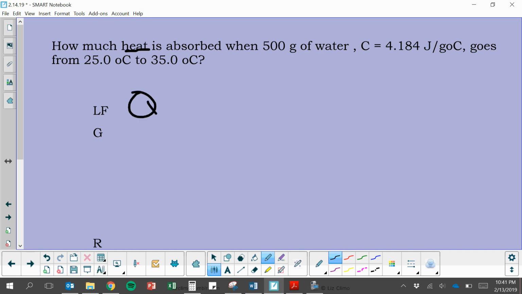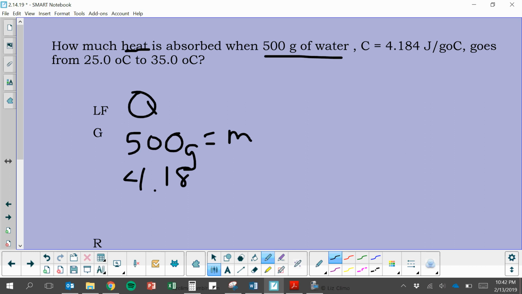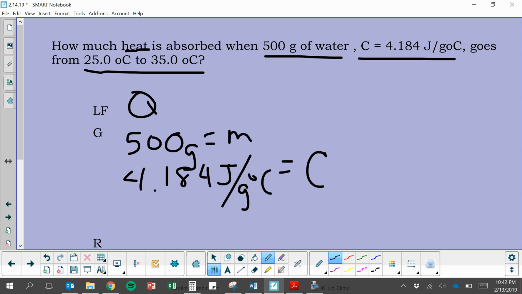And we're given a couple different numbers. We're given 500 grams, and that's going to be our mass. We're given the number 4.184 joules per gram degrees Celsius, and that's going to be our C, our specific heat. And then for temperature, we're given two different temperatures.